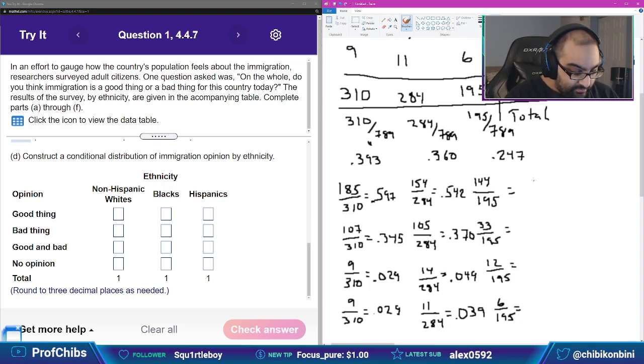Alright, next 144 over 195 is 0.738. 33 over 195 is 0.169. 12 over 195 is 0.062. And 6 divided by 195 will be 0.031.